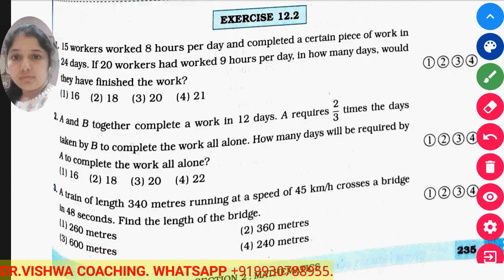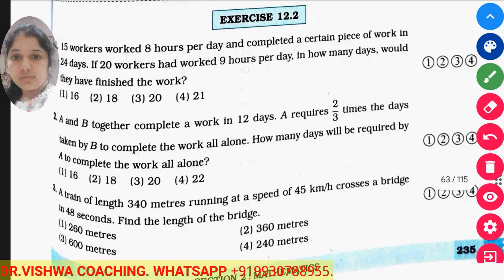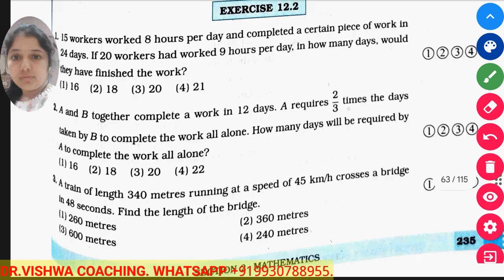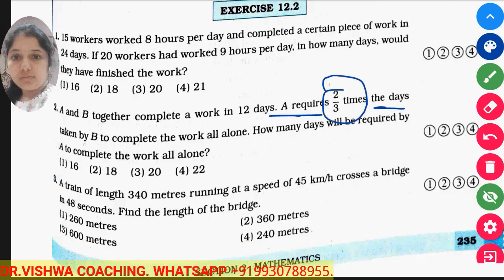Now A has to do all that work alone. You have one relation given, that A requires 2 by 3 times the days taken by B. Now we assume that the days taken by B to complete the work alone is x. Now for A, the days are 2 by 3 times x.